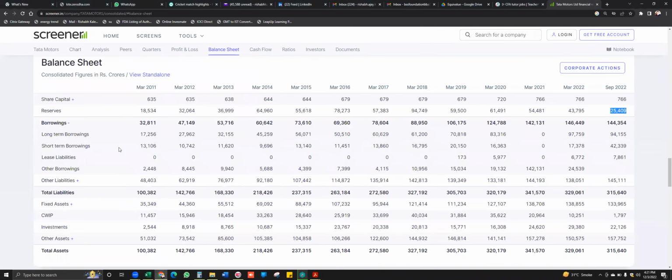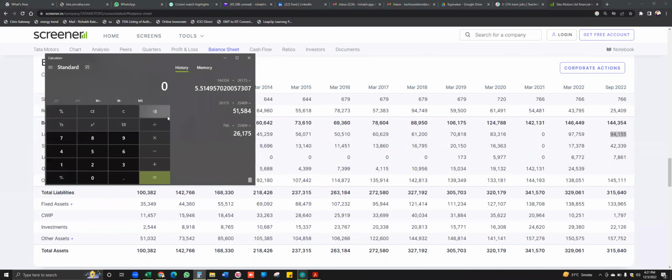Just take long-term debt, 94,000. Just take now 94,154 divided by 26,175. Because long-term debt is what matters, short-term can be paid off. 3.6. 3.6 is your debt to equity.